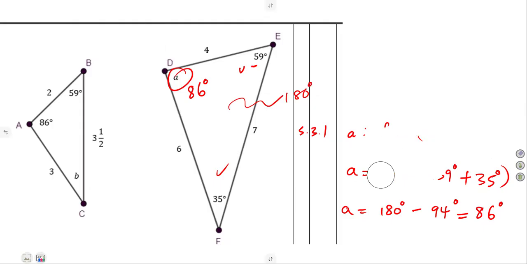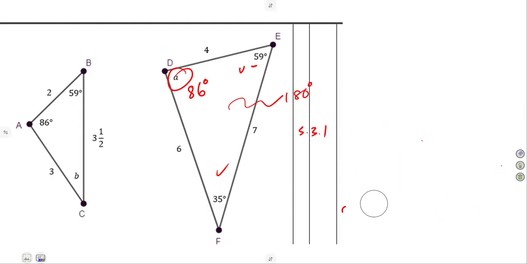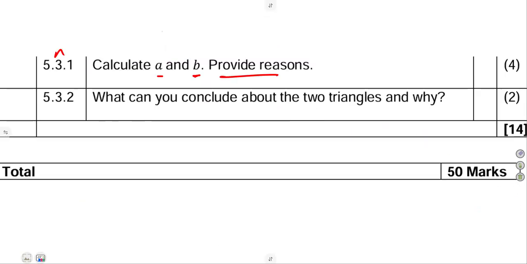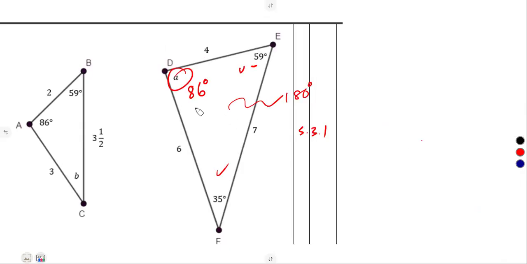Then we also need angle B. The reason there is just angles in a triangle, guys. As you can see, these angles are in a triangle. So angle B is 180 degrees minus the sum of the angles 86 and 59 degrees.